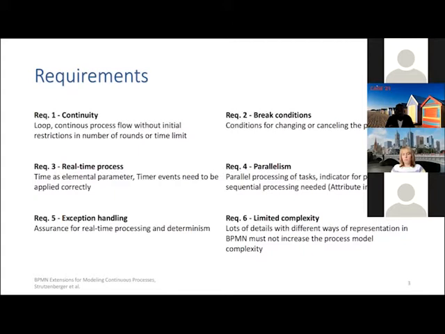Then we have exception handling for undesired or unusual process conditions. And finally, the last requirement is limited complexity, because with all the listed details coming together in one process model, which also consists of multiple tasks, or maybe also sub-processes, the models need to have a level of complexity as low as possible.